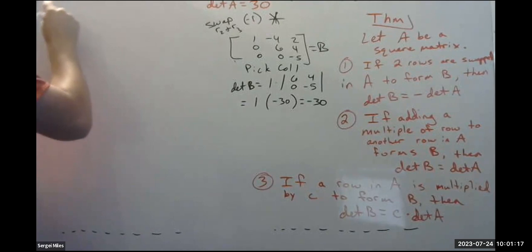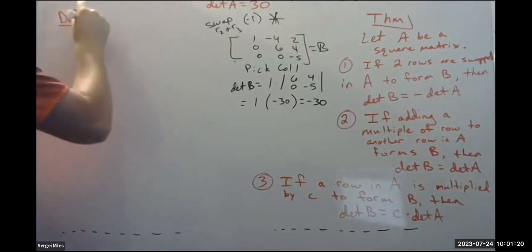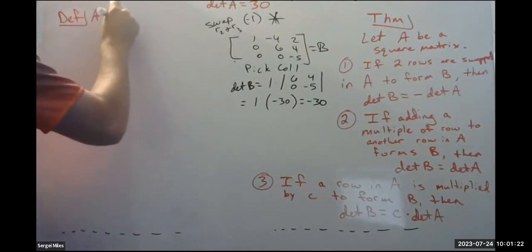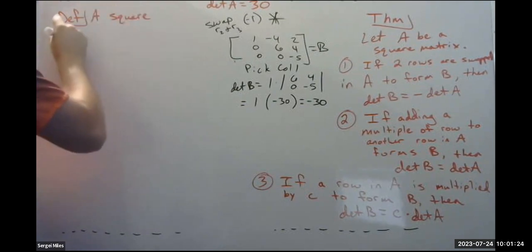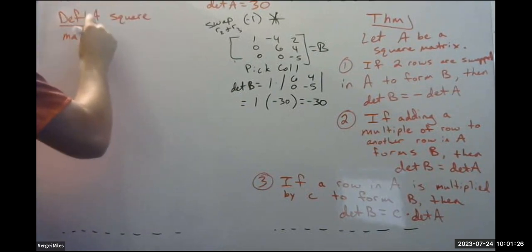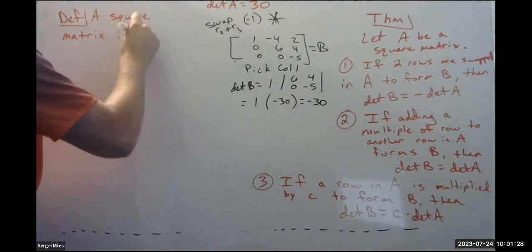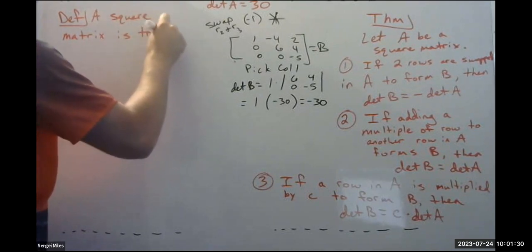So, definition, a square matrix is triangular.